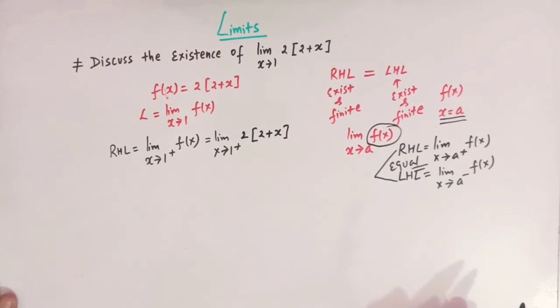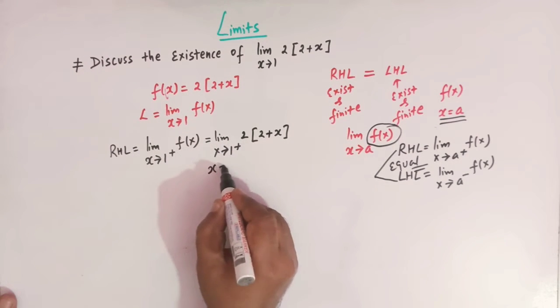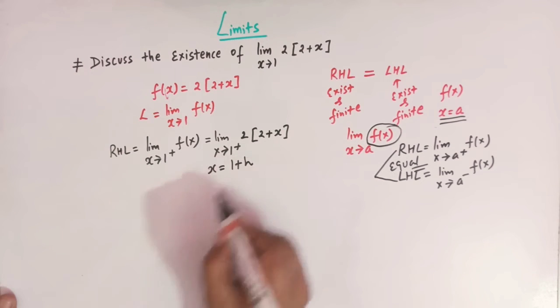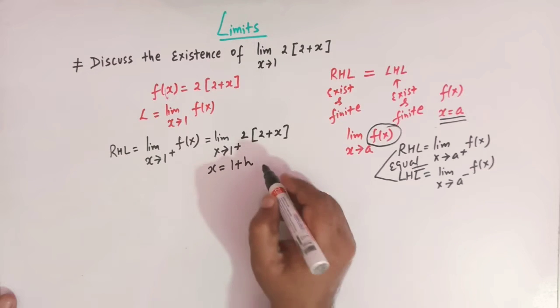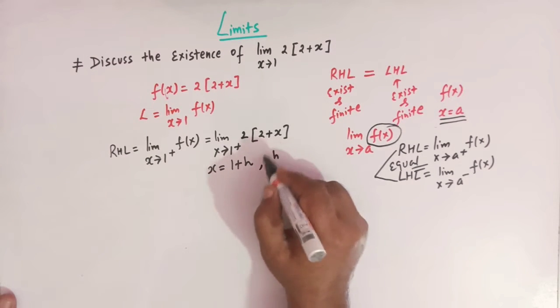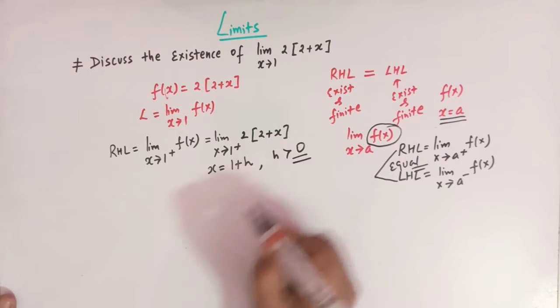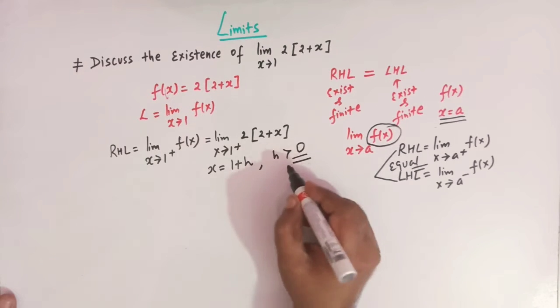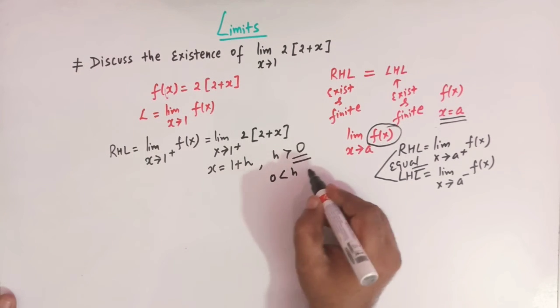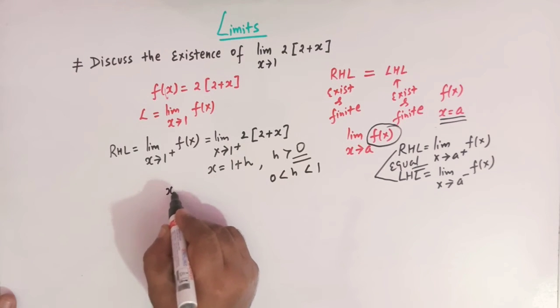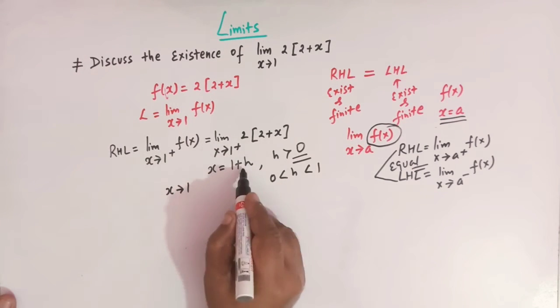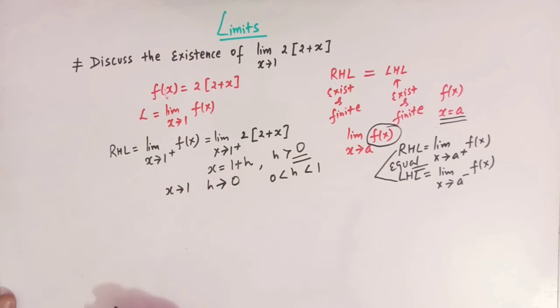Now we'll take x equal to 1 plus h. We'll make this substitution here, where h is a positive quantity greater than 0, and moreover h lies between 0 and 1. When x tends to 1 plus, obviously h tends to 0.